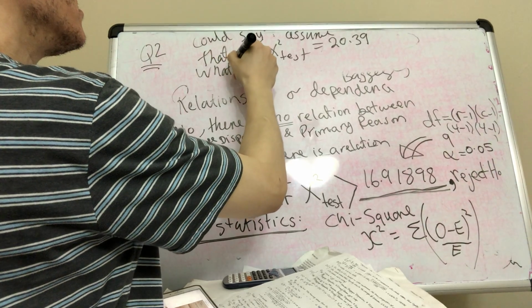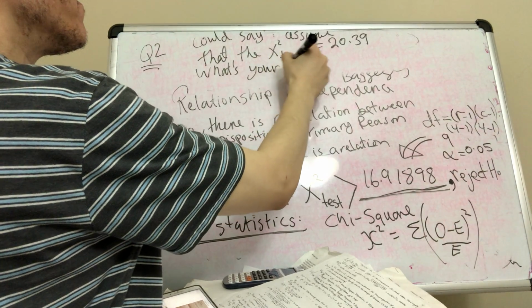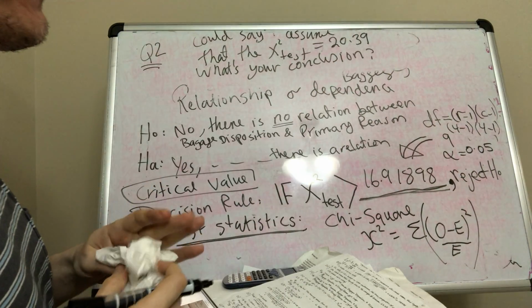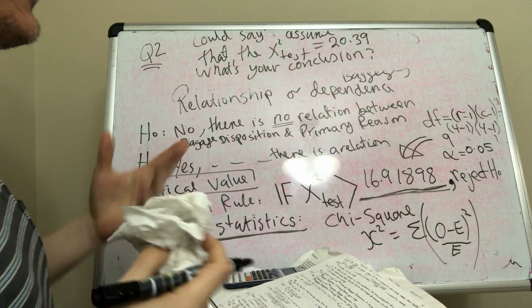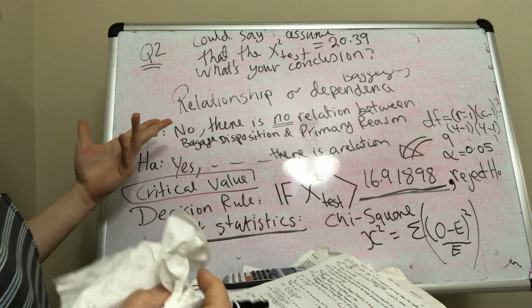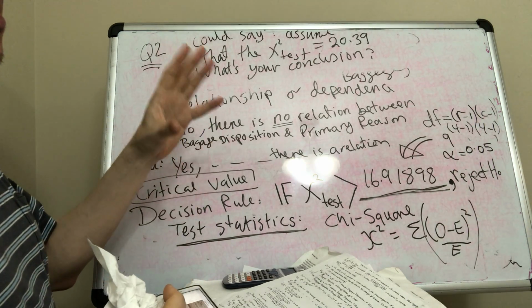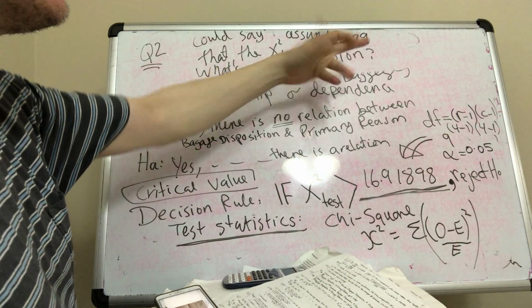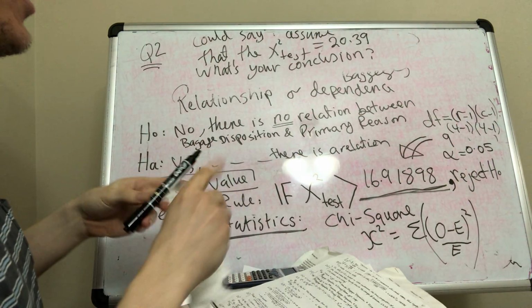What is your conclusion? So she might ask you, well, if it happens that you calculate the chi-square, what if you end up with 23.9? What would your conclusion be?